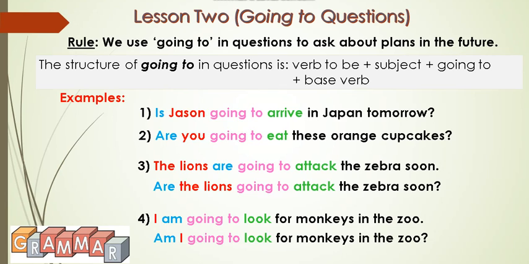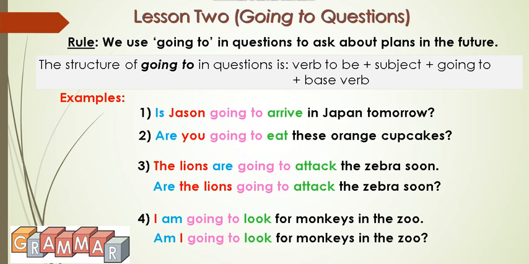Let's look at the second example. Are you going to eat these orange cupcakes? So here we started with the verb to be because it's a question, which is are, plus the subject pronoun you, plus going to, plus eat, which is the base form. So in the question, we flip the subject and the verb to be.